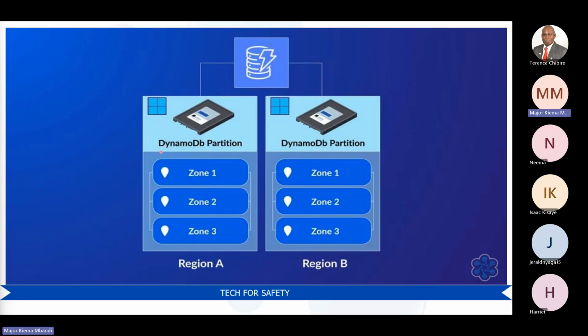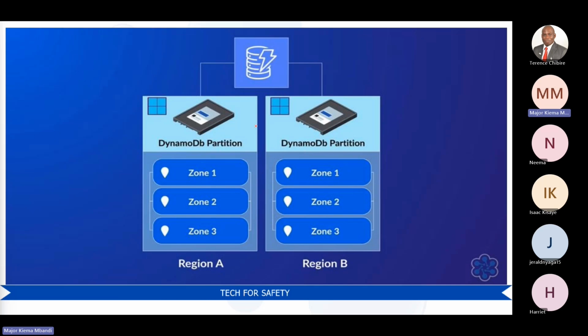So DynamoDB partition, just a reminder, what we talk about is just a dedicated area of storage. The way you can partition your hard disk, you can have a machine with 500 gigs of storage, maybe HDD or SSD. But remember, operating systems allow you to partition that hard disk. So you have 500 gig, but you can partition maybe 100 and dedicate that for the operating system and application software to be stored there. And then you can partition maybe 200 for personal use storage, and another 200 for storing VMs.